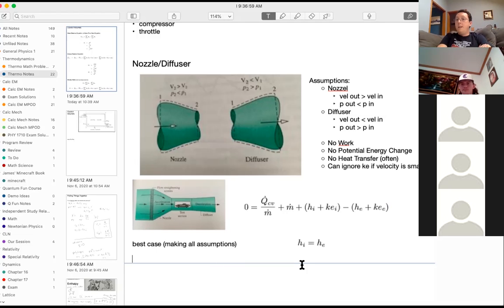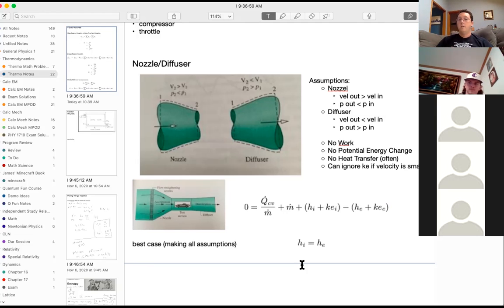Now, that doesn't mean that nothing changes, because remember, enthalpy is internal energy plus P times V, specific volume. So what can happen is, let's think about that. What would happen if you keep the enthalpy the same on the way going through, but you increase the pressure?